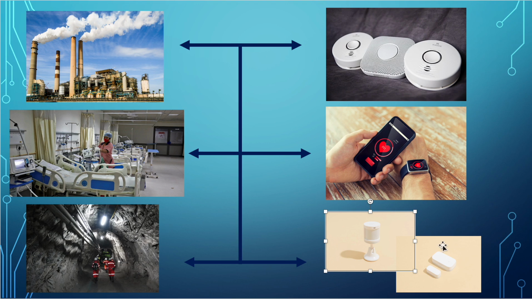So let's look at how the same thing can be applied to all three scenarios. Let's look at how these IoT devices are applied. Let's start from the first one.